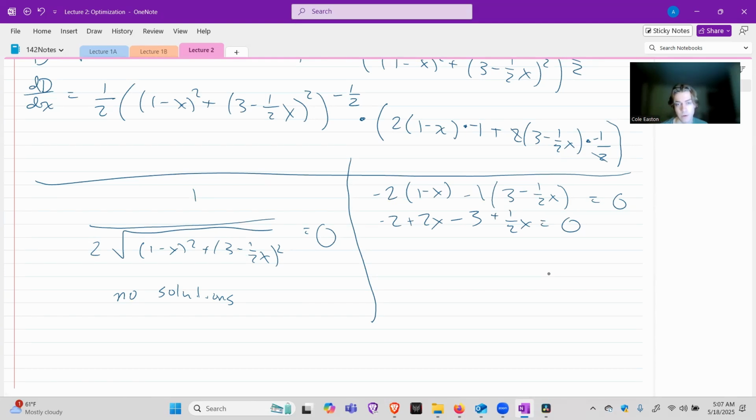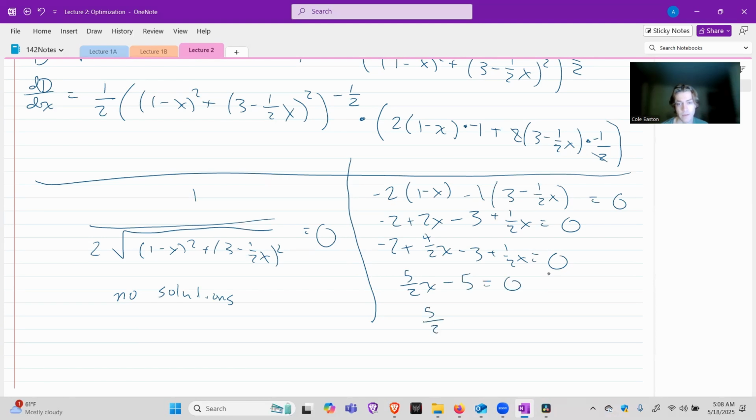So now we can combine our terms. I'm going to think of 2 as being, well, actually, let's just rewrite this one more time. So 2 is the same as 4 halves. So now I'm going to combine my x terms. I have 5 halves x minus 5 equals 0.